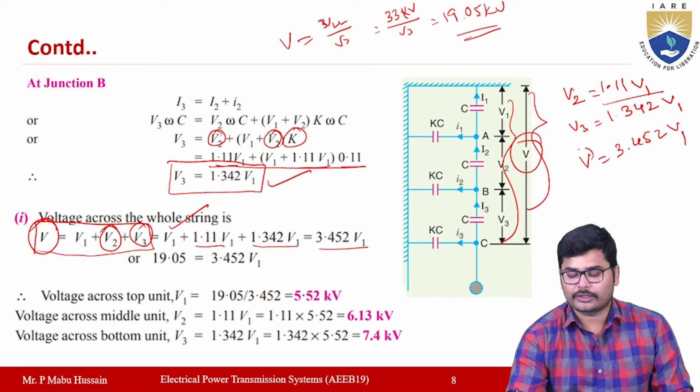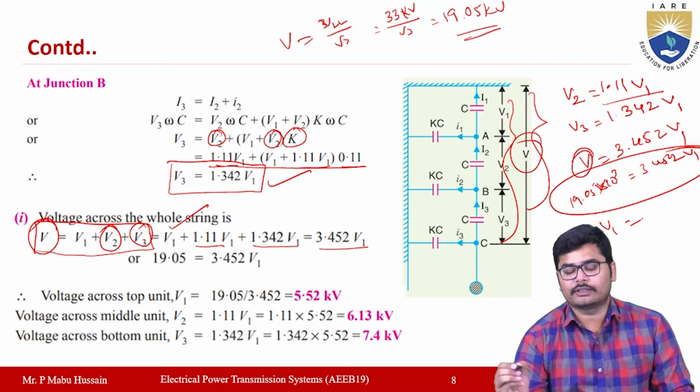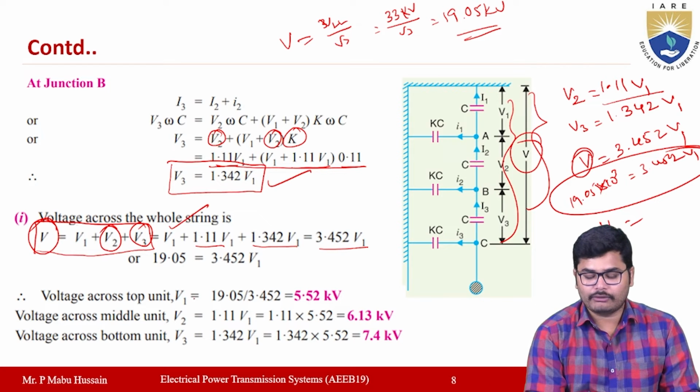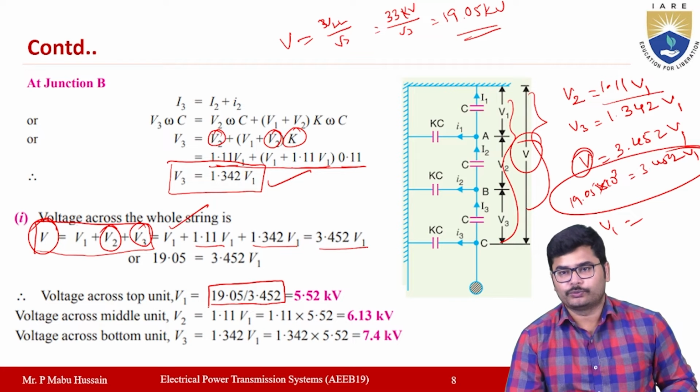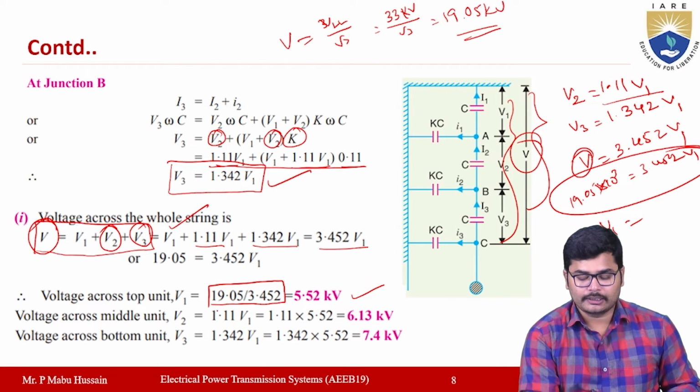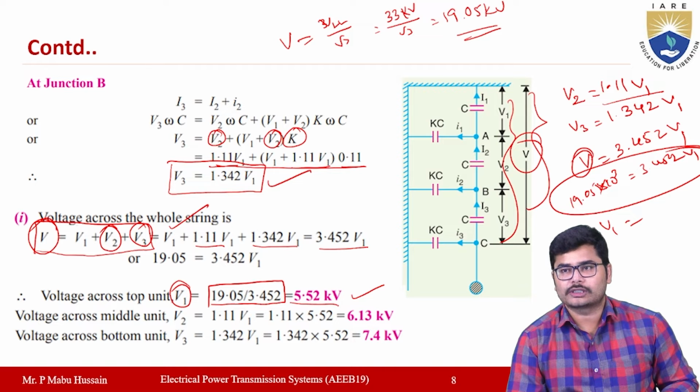This 19.05 kilovolts is equal to 3.452 V1. So from this expression you will get the value of V1. The value of V1 will be equal to 19.05 by 3.452. If you solve this, you get the value of V1 as 5.52 kilovolts.